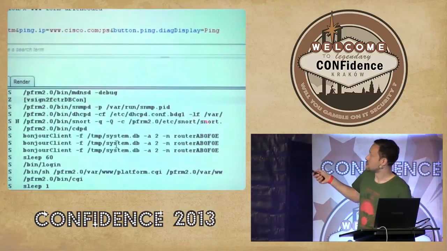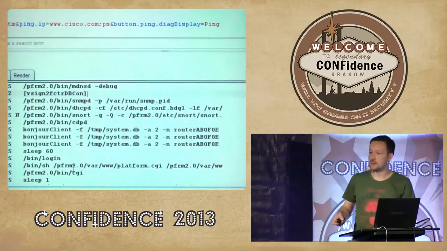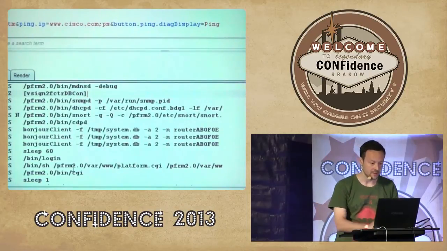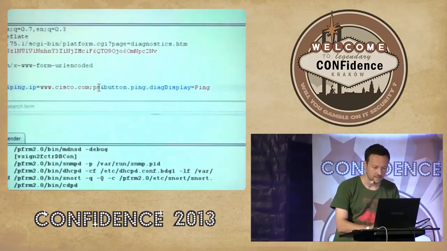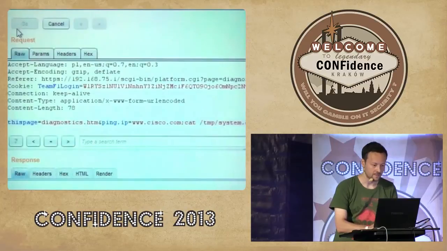By the way, they are using snort on this device as an IDS system. But there is something else important, this /tmp/system.db file. What is it? Oh, let's see. Just cat /tmp/system.db. Go.